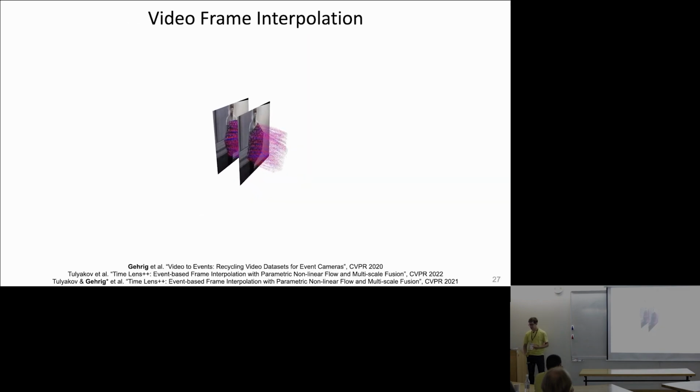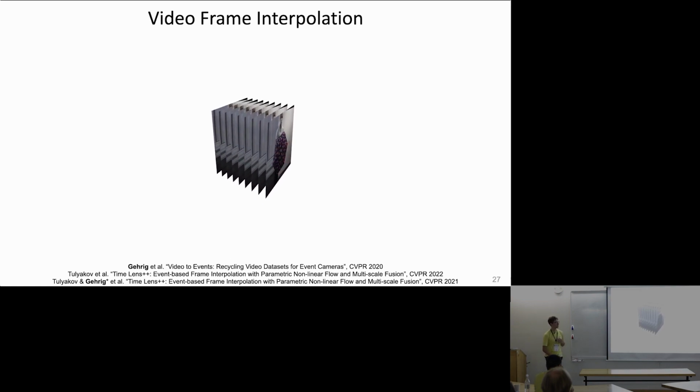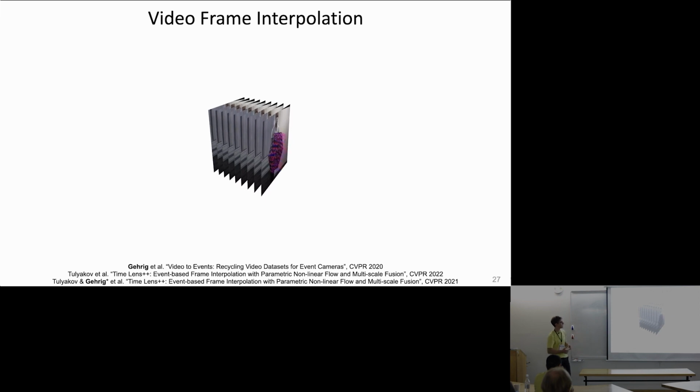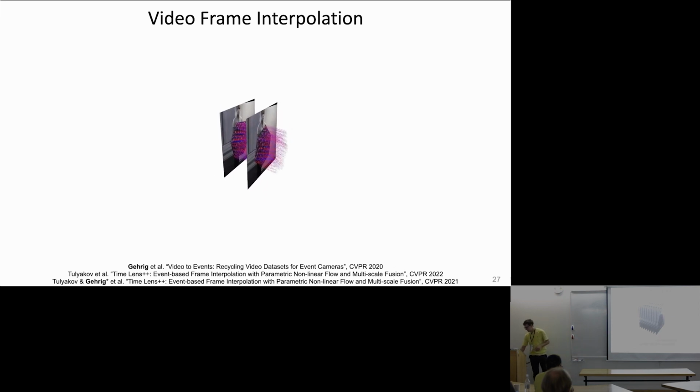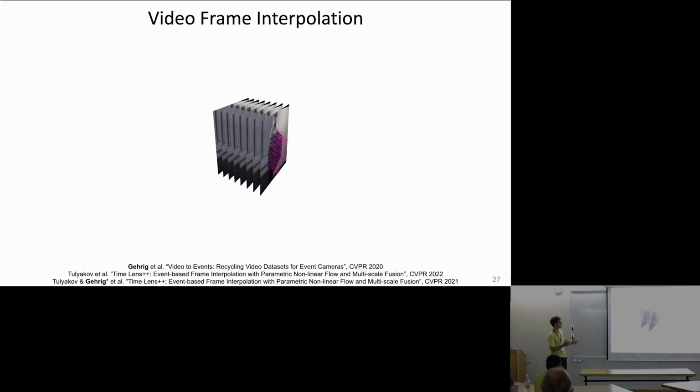Another application is event and image-based video frame interpolation. Imagine you have a low frame rate video, you have events in between, and now the goal is to produce intermediate images so that we can have a high-speed video. This is exactly the same idea.